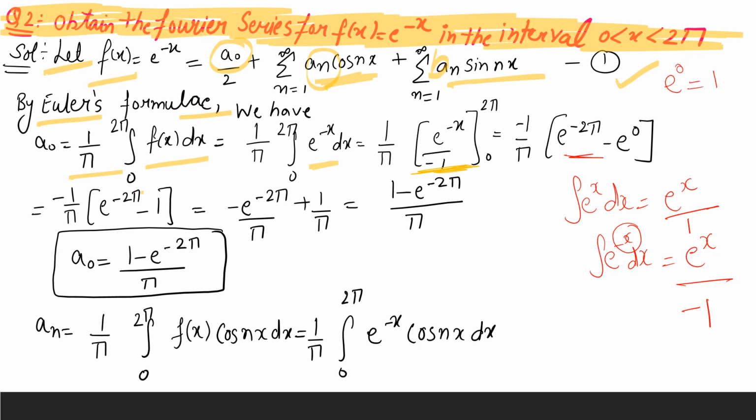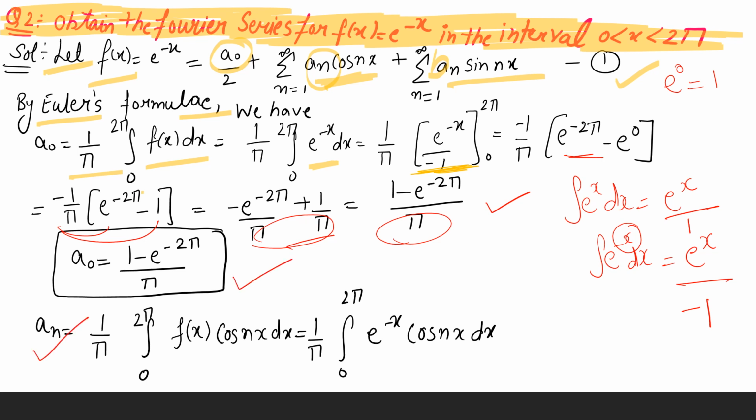So minus 1/π (e^(-2π) − 1); we solve it by taking the LCM, and get (1 − e^(-2π))/π. This is the answer of a0.